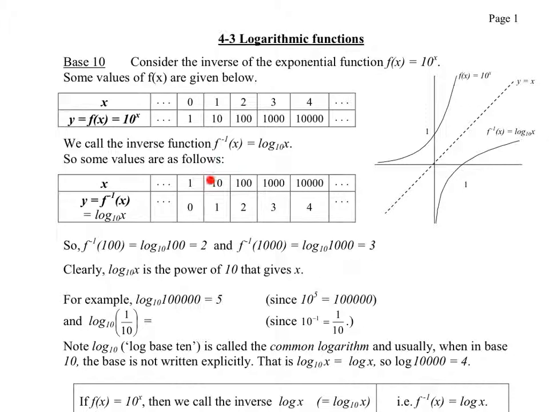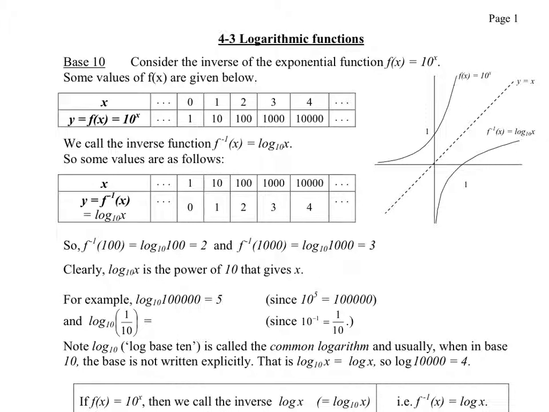Now look at these values here again. If someone gave you an x value of 1,000 and said, okay, what's the y value going to be? The question you could ask would be, well, 10 to the power of what gives me 1,000? If someone says, how do you go from this number to get this number? You'd say, okay, well, 10 to the power of what gives me this? 10 to the power of 4.